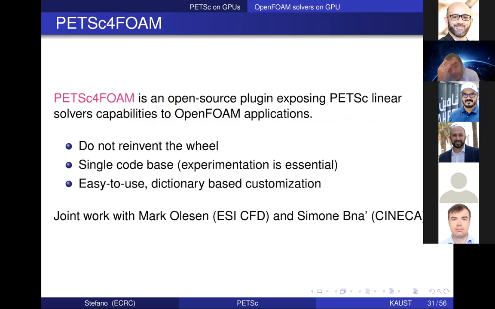And we recently designed a plugin for OpenFOAM, which is called PETSc4FOAM, and is freely available. If you click on the link, it will redirect you to the repo. We designed this plugin to expose the PETSc linear solvers functionalities to all OpenFOAM applications.